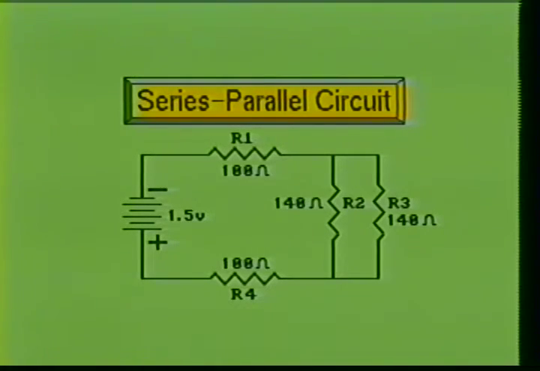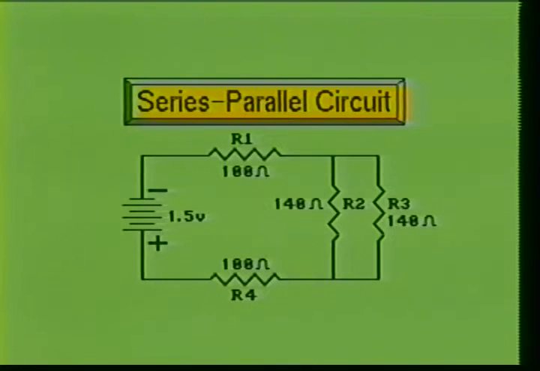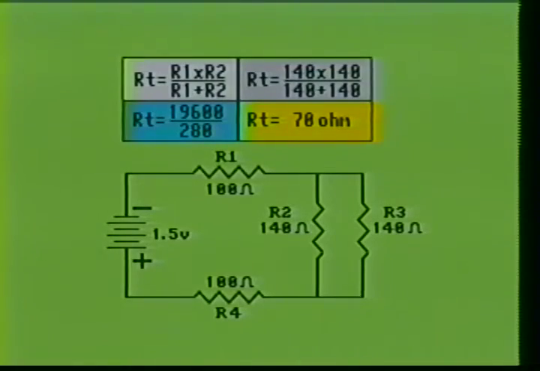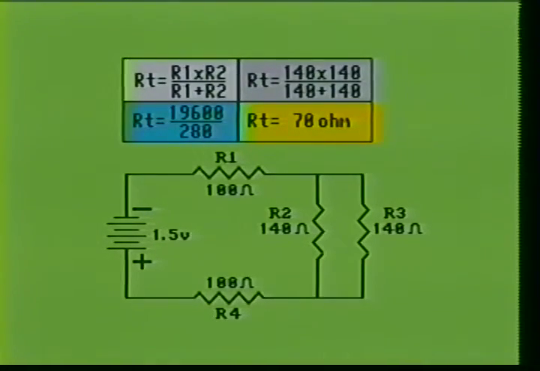Here we have added values to the resistors in our circuit. Now we can find the total resistance of the circuit. To accomplish this, we must first find the total resistance of the R2-R3 combination. We do this by using the formula R1 times R2 divided by R1 plus R2.